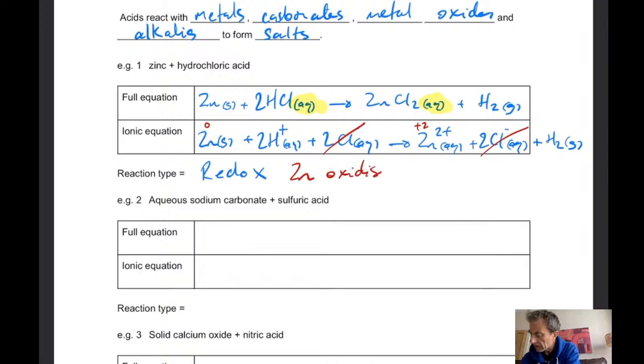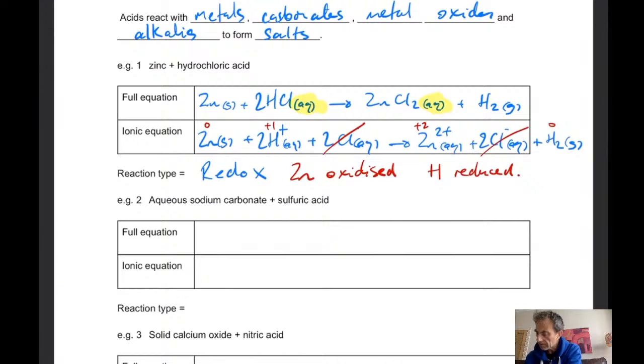The hydrogen has gone from plus 1 in the H plus ion down to 0. So that's a reduction process because the oxidation number has gone down. So hydrogen H is reduced. Okay, so that's why that's a redox reaction.